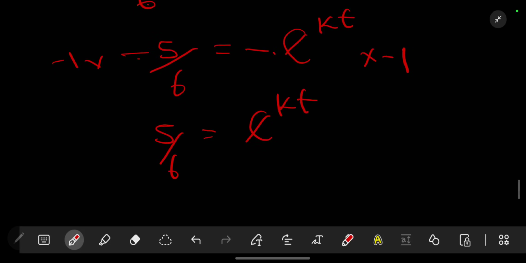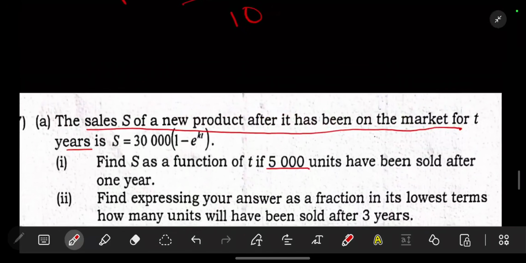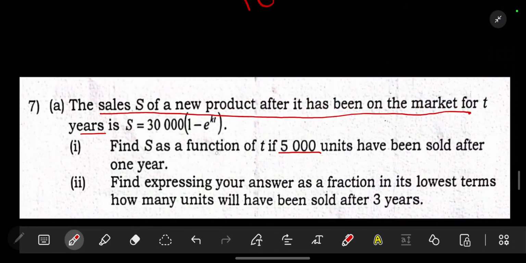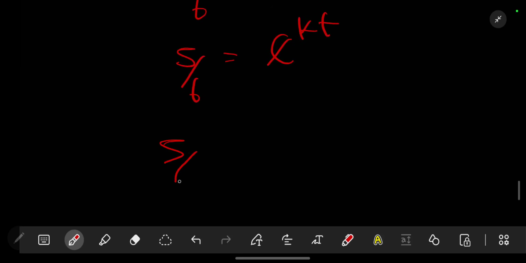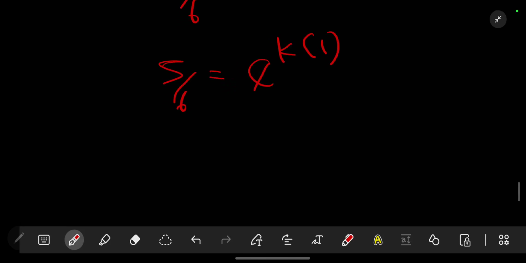From here, we want to find S as a function, meaning you need to first find k after 1 year. The time is known, so we put 5 over 6 equal to e to the power k times 1 year. So 5 over 6 is equal to e to the power k.